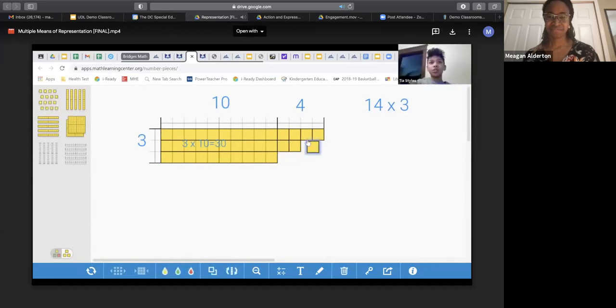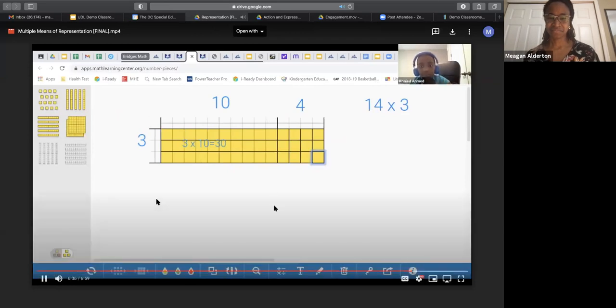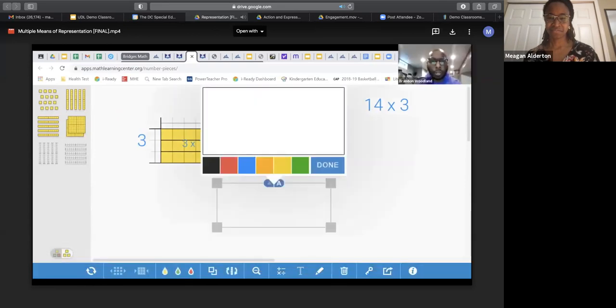You just count the units. 4 rows of 3. Okay, so I have 4 times 3 representing this area, which equals 12.